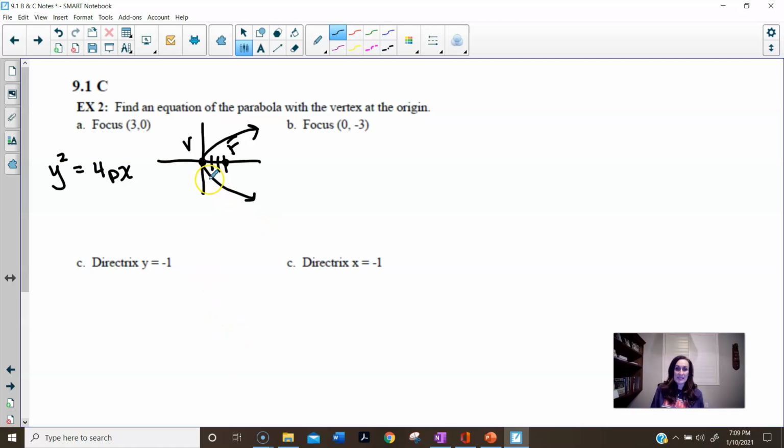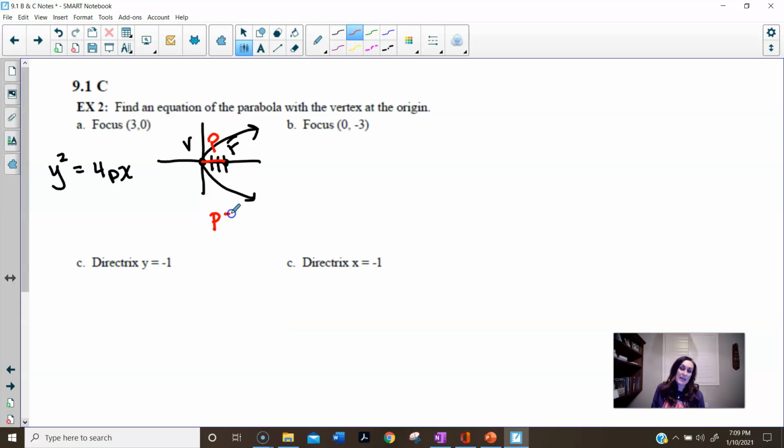Well, that's pretty easy because p is the distance from the vertex to the focus, and that is always your p. And p happens to be what we call a directed distance, which means this is going to be positive because we went to the right. And if we directed that to the left, then we would have p be negative.